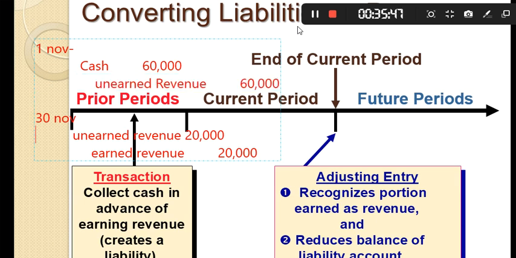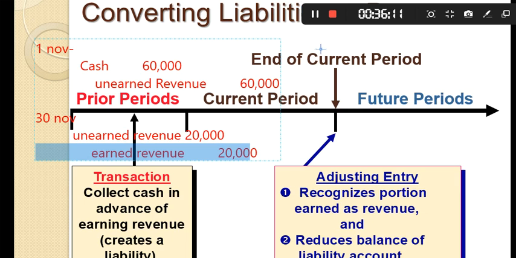Then on 30 November, as you come to the current period and one month is going to be complete, we can say it is our earned revenue. 20,000 is your earned revenue, so we are reducing the balance of the liability account and recognizing that portion as revenue, okay class.